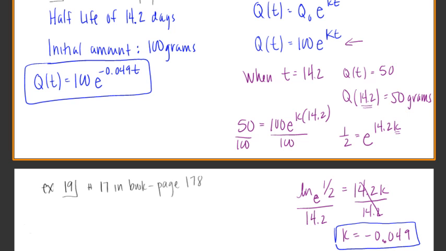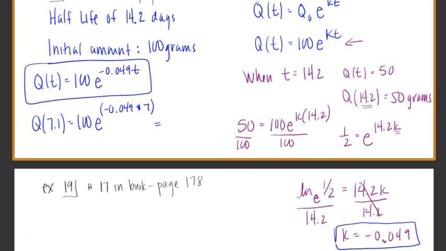Okay, so the last part of that problem asks us to find how much is present after 7.1 days. So Q of 7.1 is going to be 100 e, and then again up here, since you're going to be multiplying, make sure you put it all in one big parentheses. So negative 0.049 times 7.1.